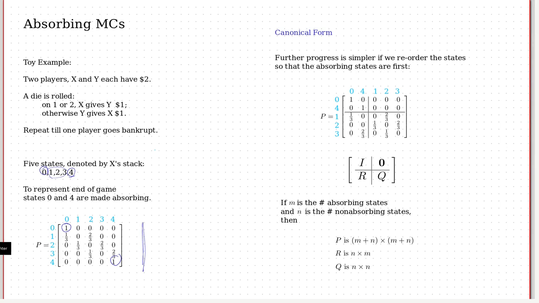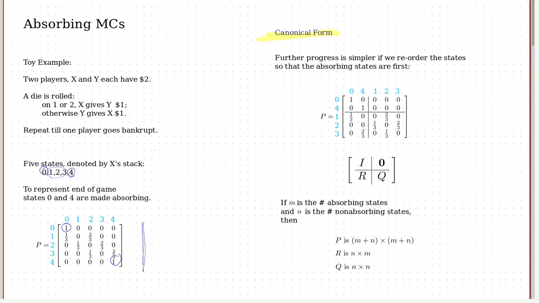Now, for the purposes of analyzing absorbing Markov chains, it's very convenient to reorder the states and rewrite the transition matrix in what's called canonical form. For our purposes, we're only going to look at relatively simple absorbing Markov chains.